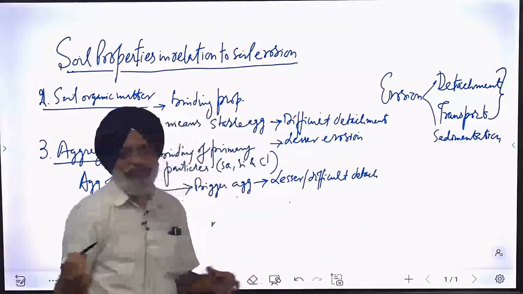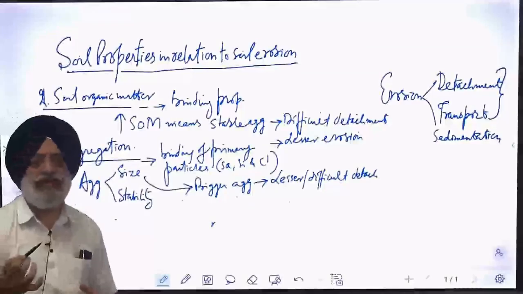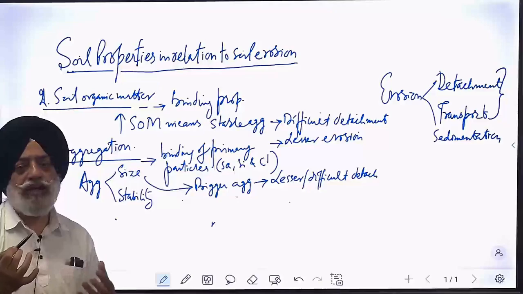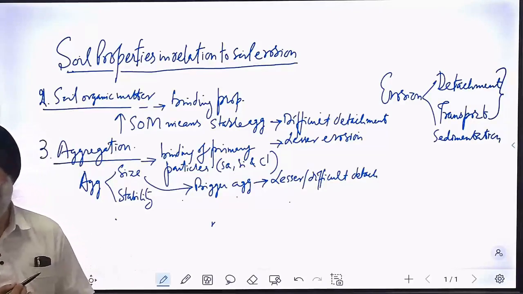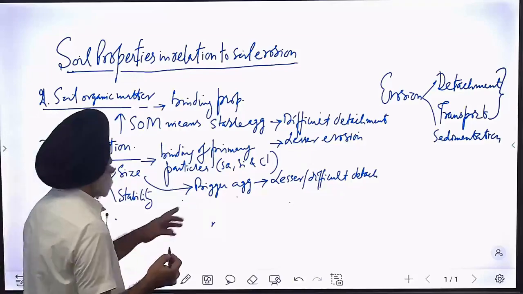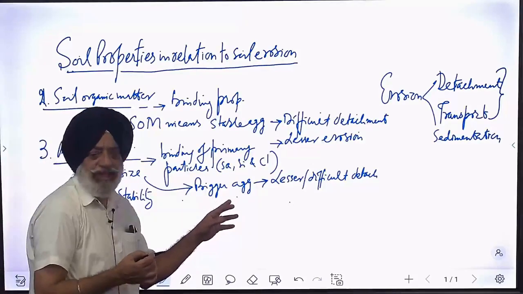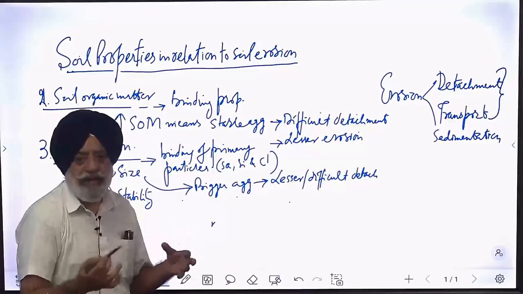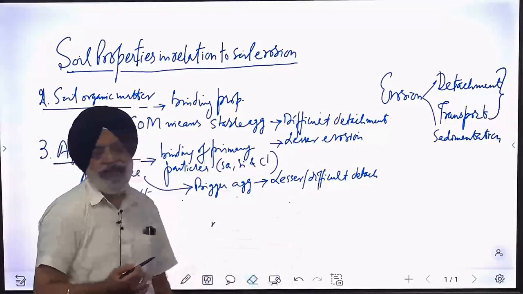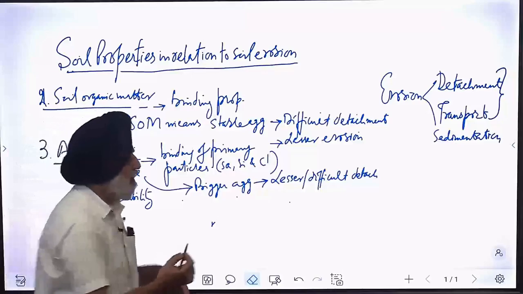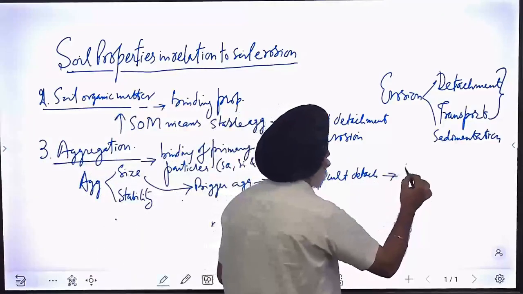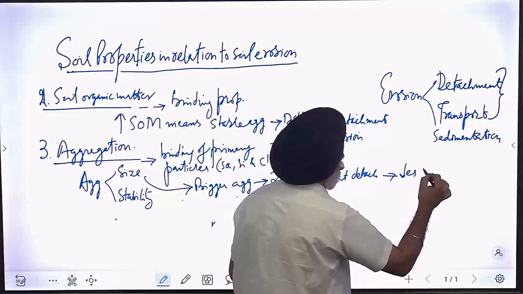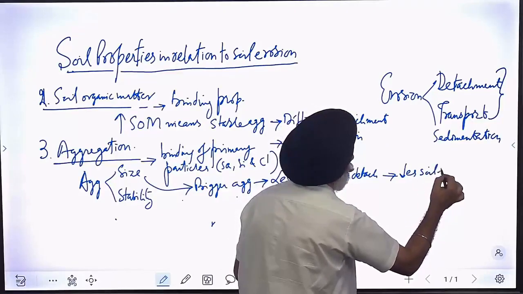Generally, the aggregates are bigger in fine textured soils where clay plays an important role in binding the soil particles together. So, bigger aggregates mean higher clay content or higher organic carbon and difficult detachment, and of course, this decreases soil erosion.